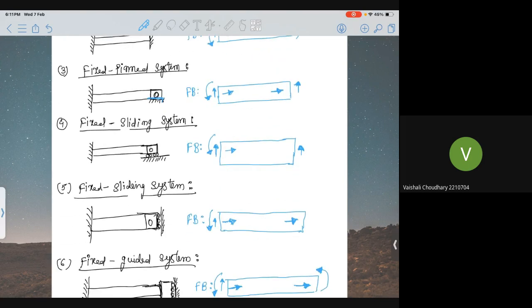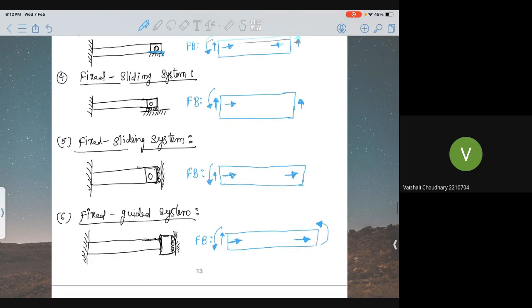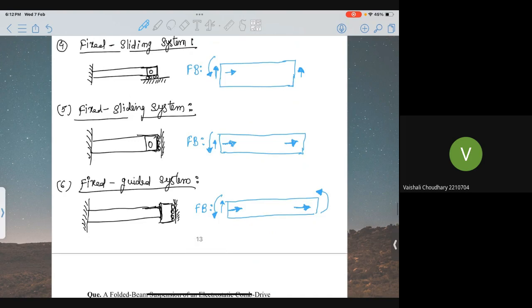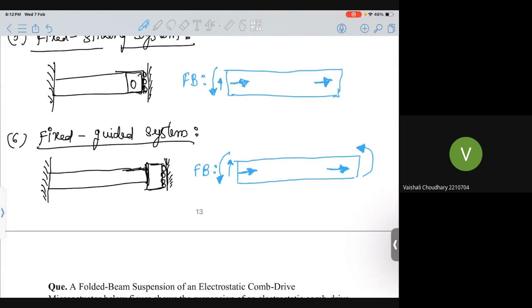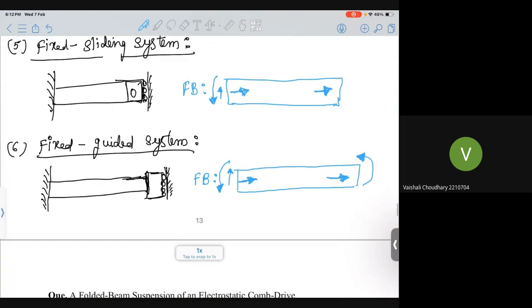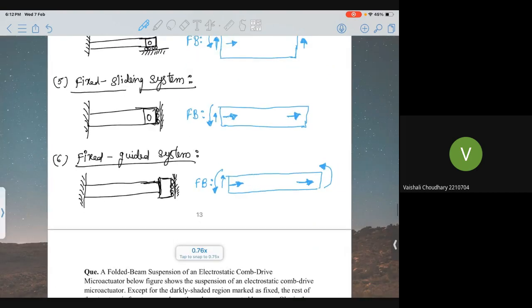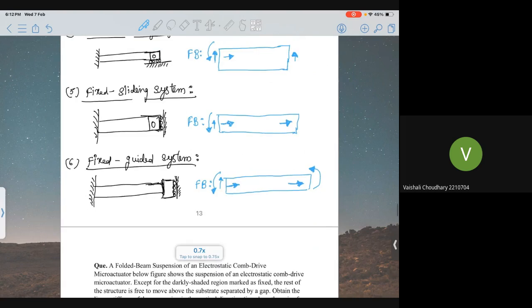We have two variants of the fixed sliding system. In one variant, the wheels are in horizontal direction, and in the other they are in vertical direction. Then the last is the fixed guided system, where the other end is not pinned, but we have wheels in vertical direction. Okay.